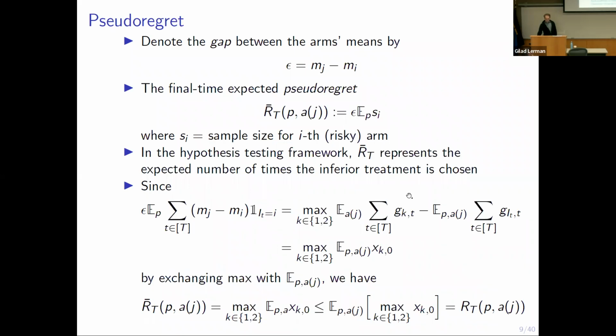Okay, and then there's another quantity which is different but related, which is called pseudo-regret. We can define it, maybe it's even simpler to see what's happening. If you take the gap between the arms' means, denoted by epsilon.